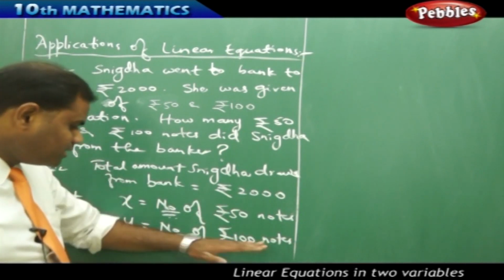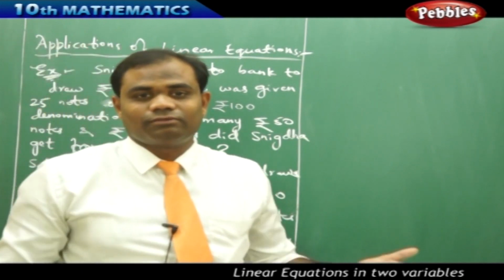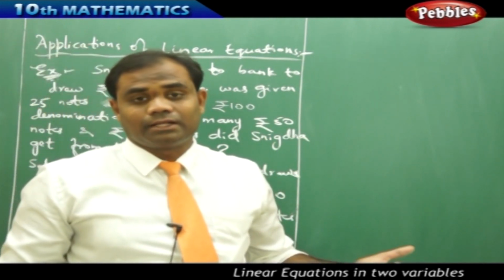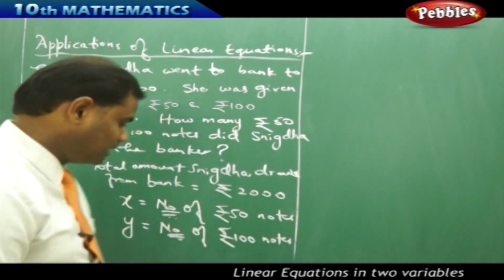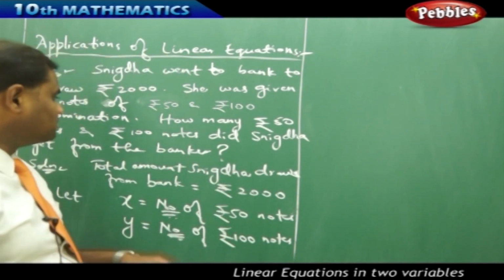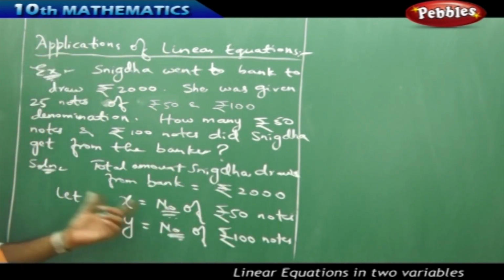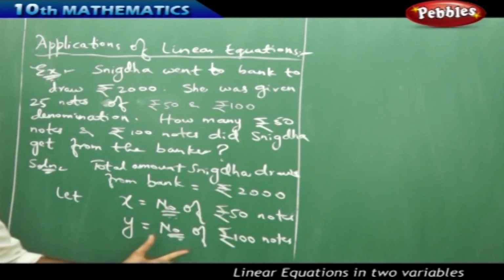So here my destination is to find x and y, which is nothing but finding the solution of the linear equations L1 and L2. So let's see how we can frame the linear equations L1 and L2 using the minimum conditions.